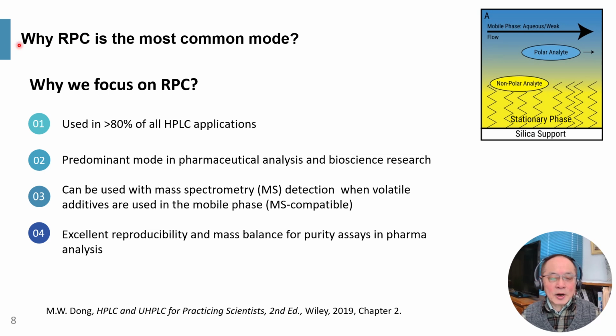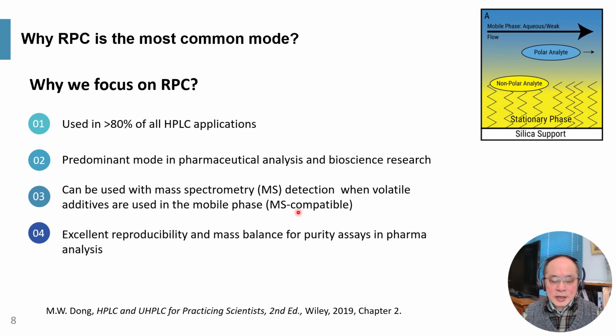This slide summarizes why reverse phase is the most common mode and why we focus on reverse phase chromatography in HPLC training. So number one, it is used in 80% of all LC applications, particularly dominant in pharmaceutical analysis and bioscience research because it's a good fit with the analyte type. Also, reverse phase can be used for mass spectrometry when volatile additives in the mobile phase are used.